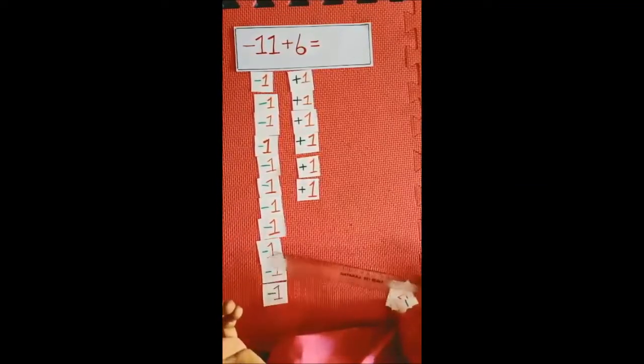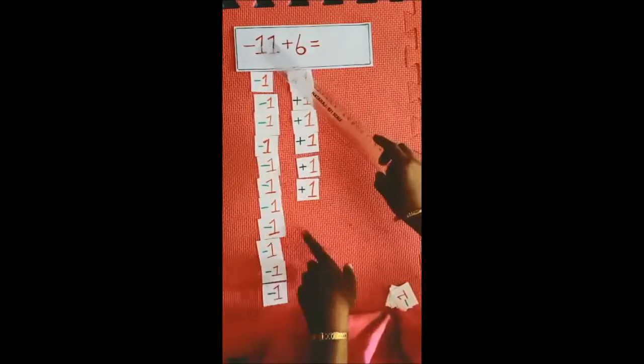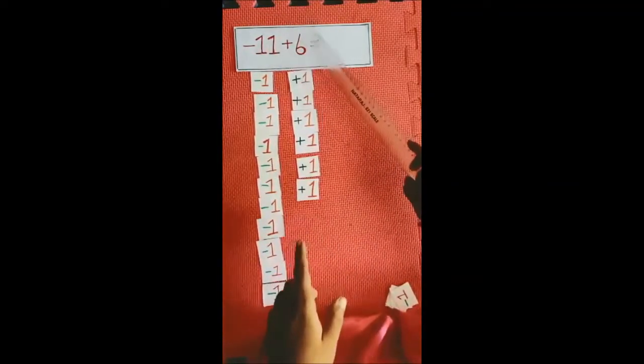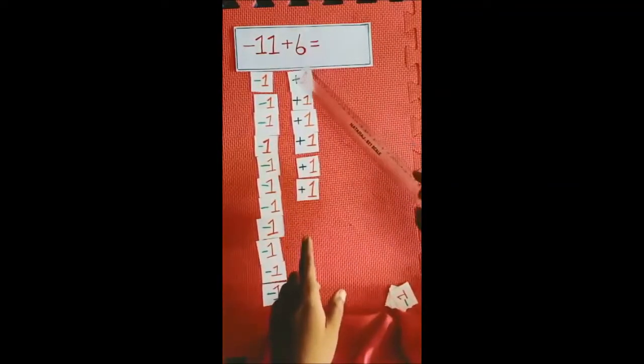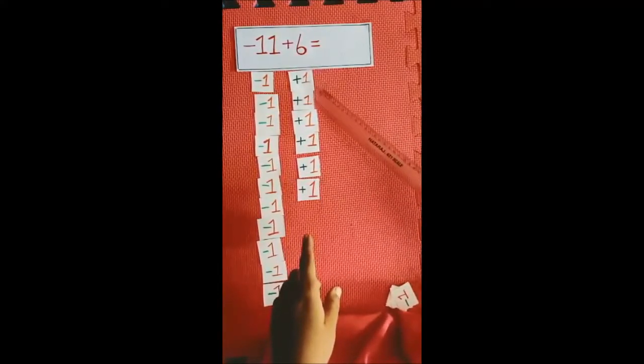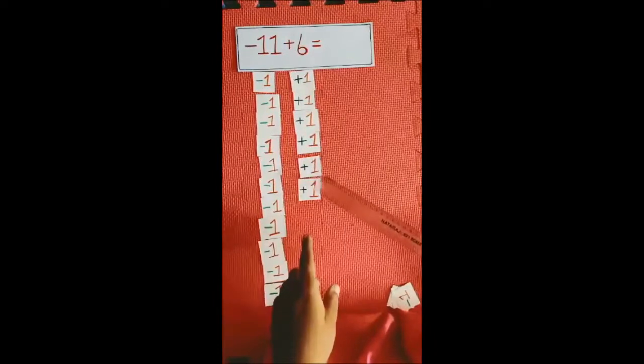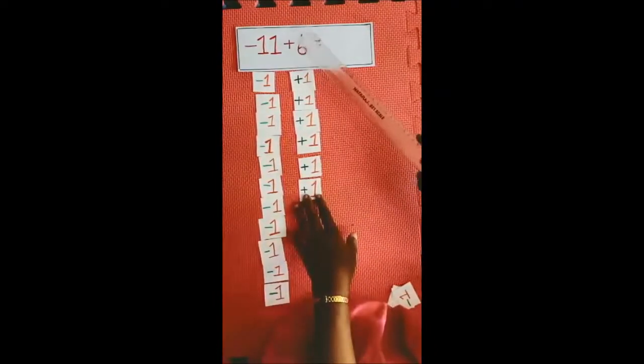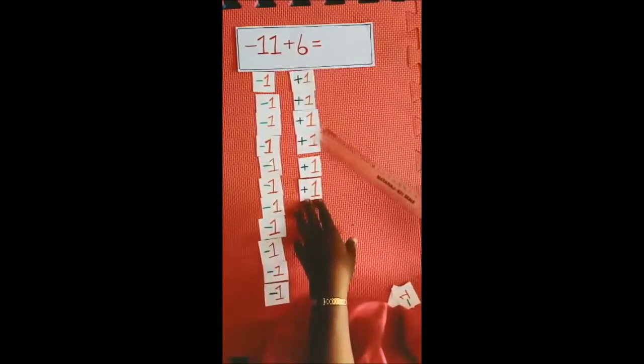So if you add these 11 minus 1s, you get minus 11. Similarly, for plus 6, you take 6 plus 1s. 1, 2, 3, 4, 5, 6.